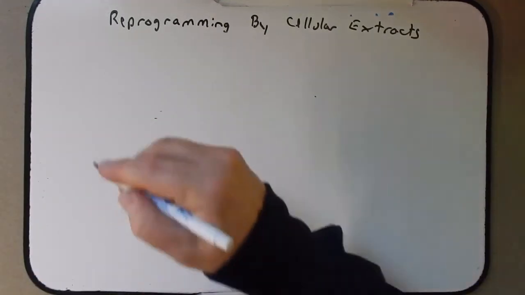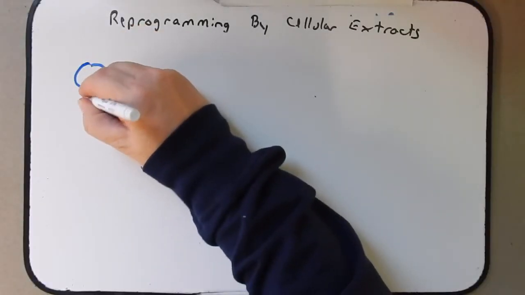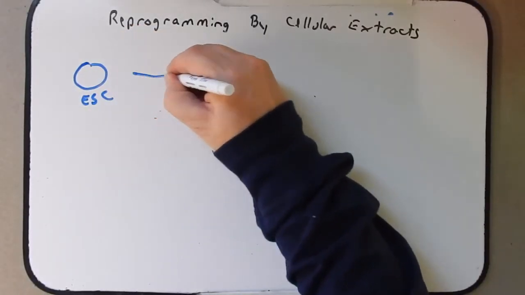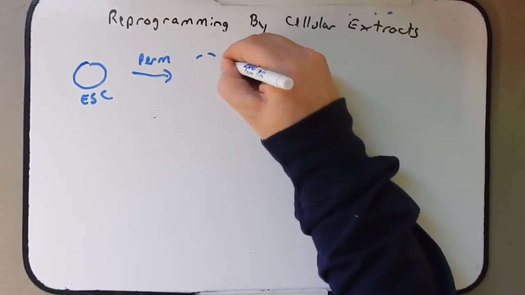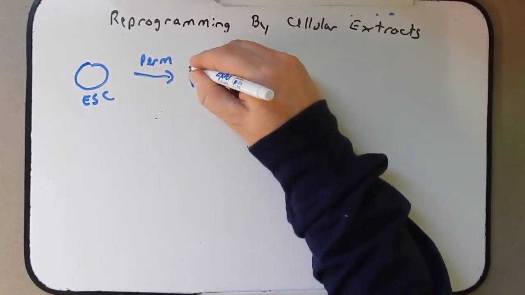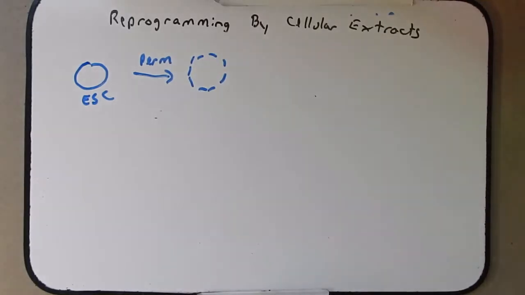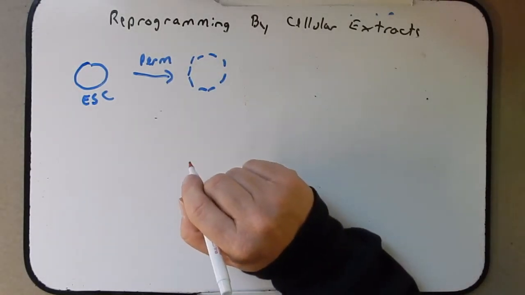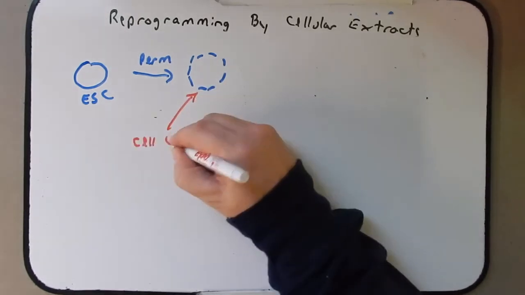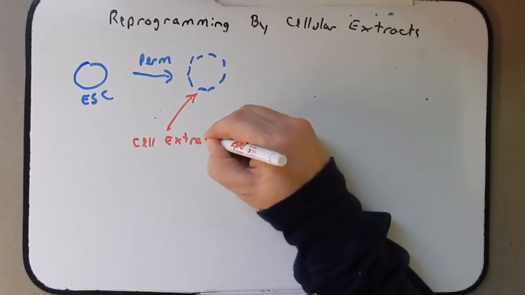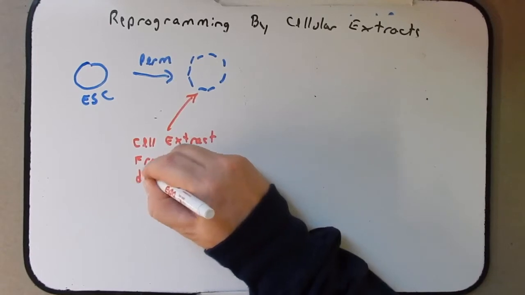This time let's start with an embryonic stem cell, and we can permeabilize it to create this cell with holes in it. Okay, we can now take this permeabilized embryonic stem cell and add to it cell extract from a differentiated cell.